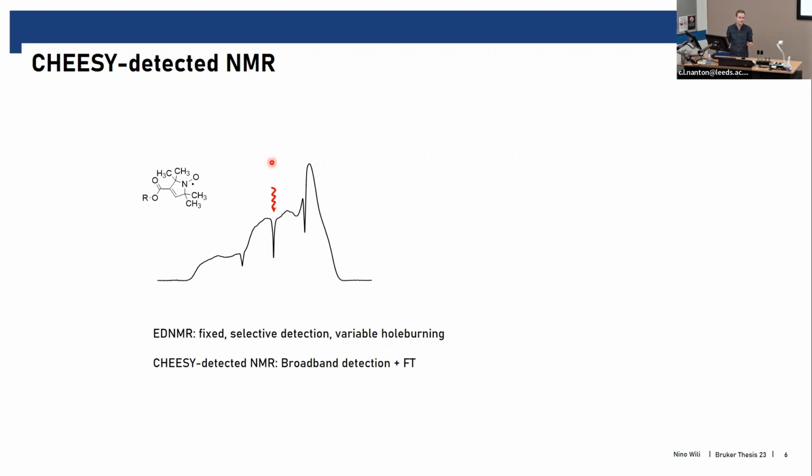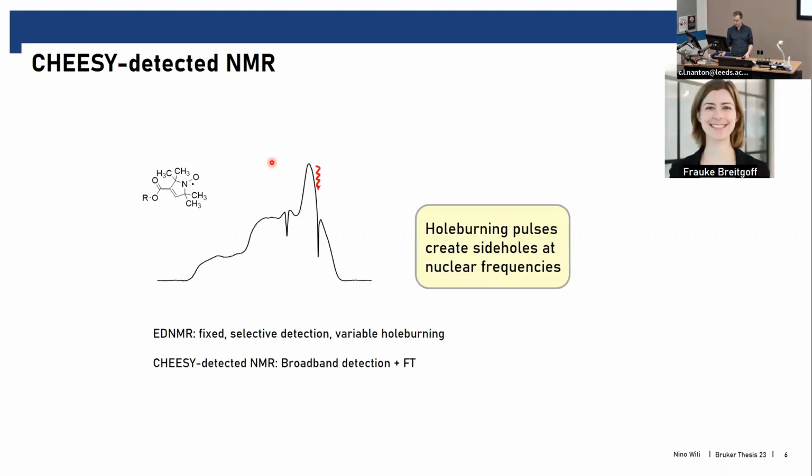Nitroxide is actually the worst example because you have orientation selection, which is different in EDNMR and in this chirp echo detection. But in general, if you have a slightly broader spectrum, maybe like copper, instead of sweeping the whole burning pulse, what you do is you acquire the chirp echo spectrum, then you do the whole burning, and you just subtract the two. The Fourier transform of the subtraction.